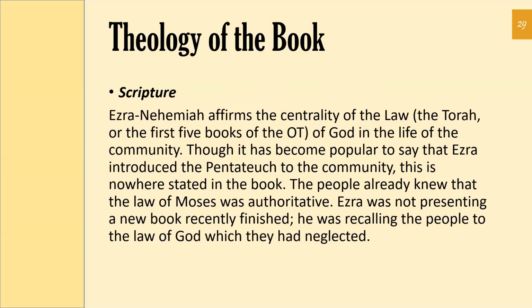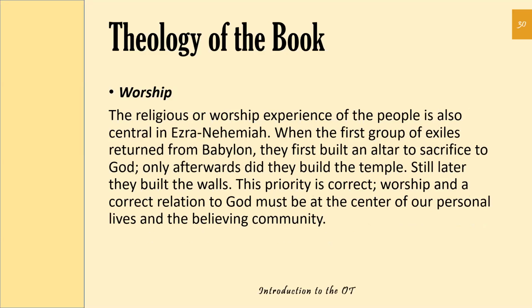The people already knew that the law of Moses was authoritative. Ezra was not presenting a new book recently finished. He was recalling the people to the law of God, which they had neglected. So these are the main issues in the worship. The religious or worship experience of the people is also central in Ezra-Nehemiah. When the first group of exiles returned from Babylon, they first built an altar to sacrifice to God.